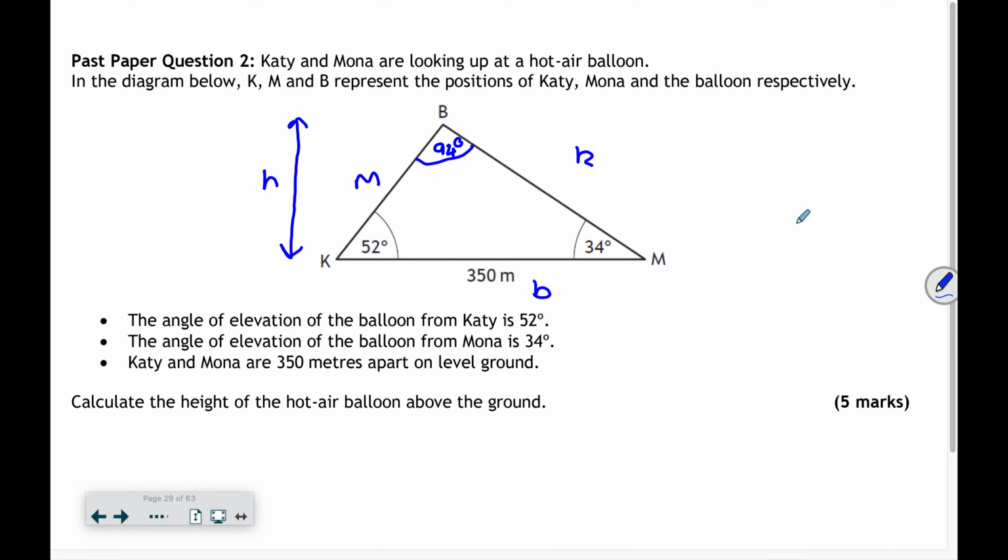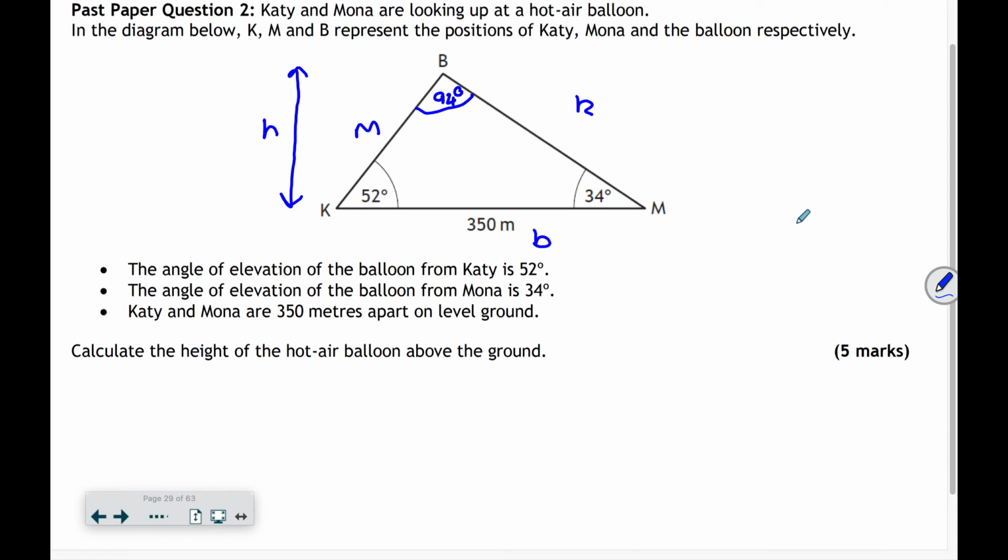I think I'm going to have to use the sine rule here, because I don't have two sides and the included angle to allow the cosine rule to work. It has to be the sine rule.